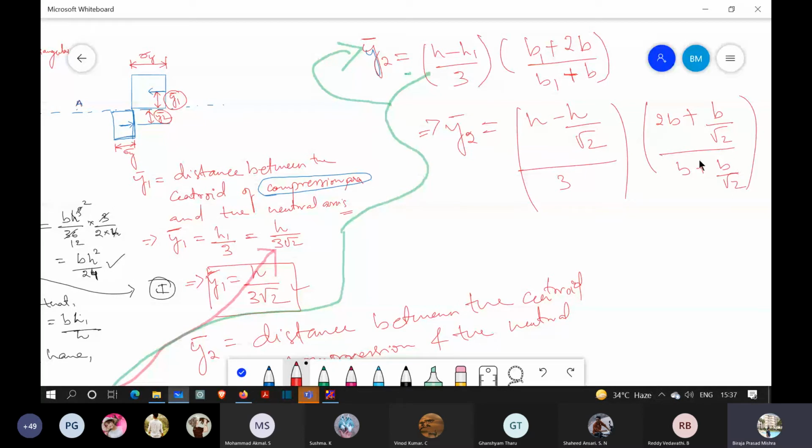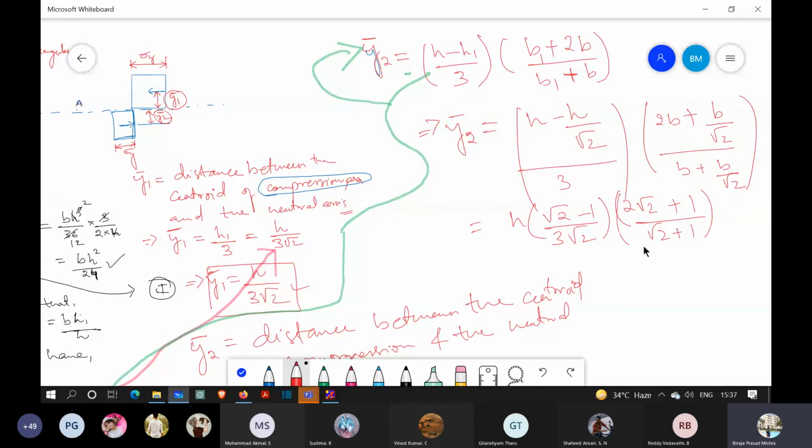Okay, so this is equal to h into root 2 minus 1 whole divided by 3 into root 2. Then if you simplify, it will be 2 root 2 plus 1 whole divided by root 2 plus 1. Now you may say, sir, this root 2, this root 2 gets cancelled.